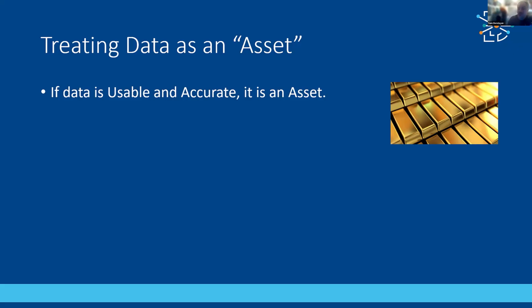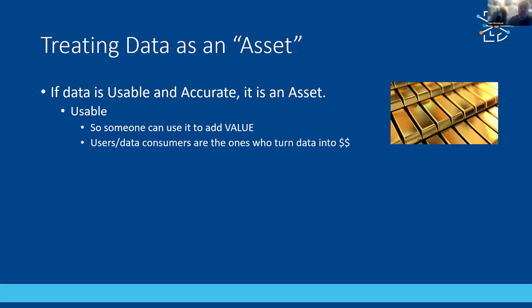So if you have those two things, real gold and it's usable, then it's an asset. You can use it to do great things. So why usable? So someone can use it to add value, right? So in terms of data, and really in terms of a data warehouse, we give data to our users and data consumers, and they are the ones who turn data into value, right? Now, where do these people live?